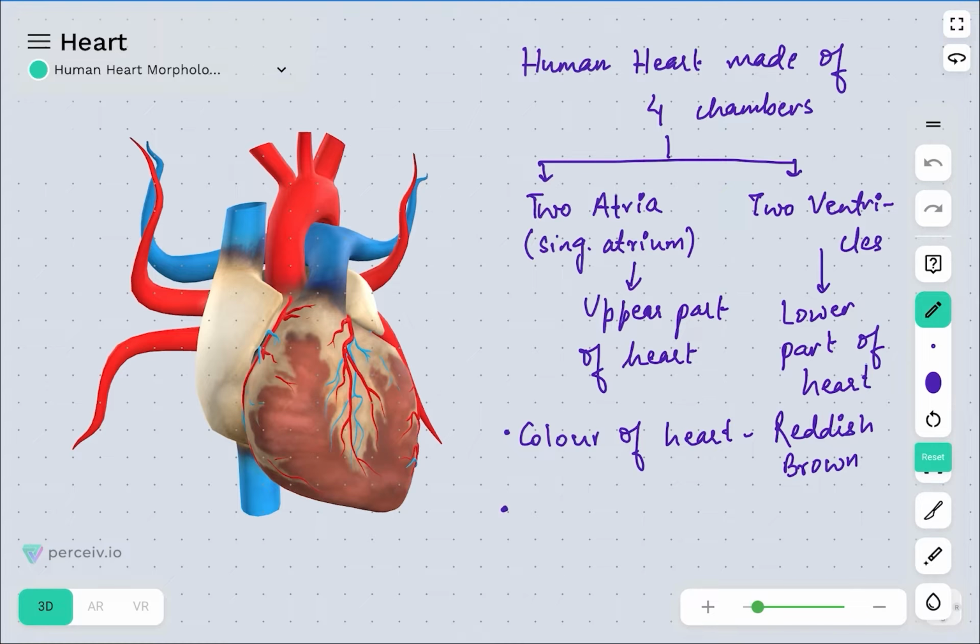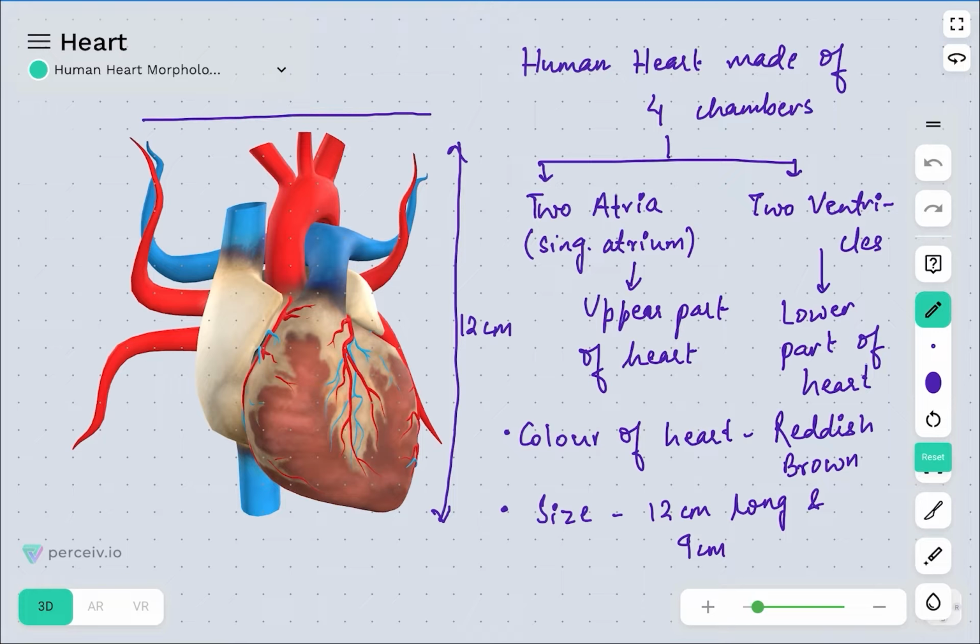And if you consider the size, then the size of the heart is usually 12 centimeter in length and it is 9 centimeter broad. So that means from here to here, it is 12 centimeter and from here to here, it is 9 centimeter.